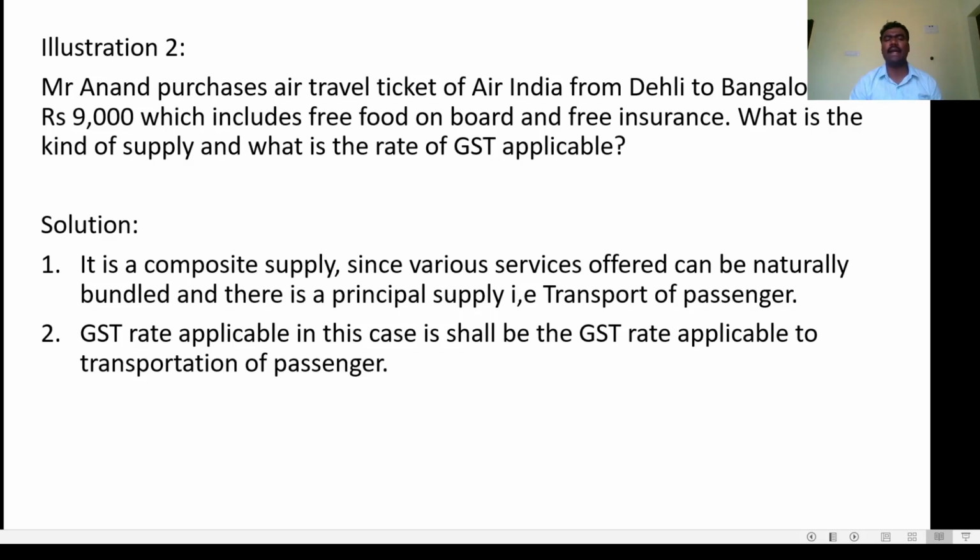We can also identify that there is one main service provided here, that is transportation of passengers. For all these reasons it is a composite supply.